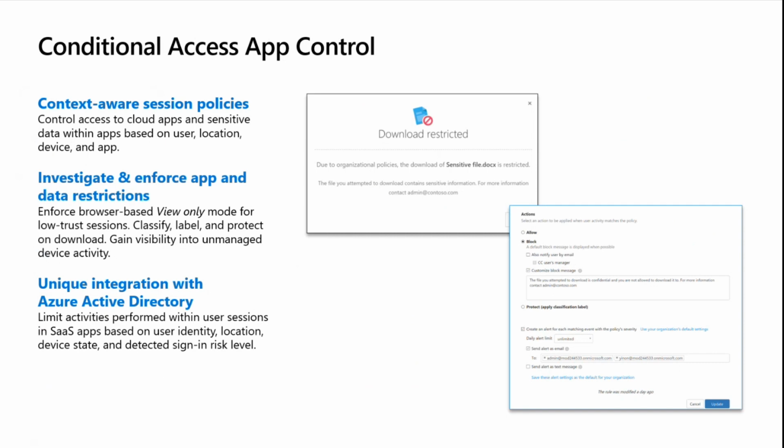So you get this extremely powerful feature called conditional access app control, because conditional access app control uses a reverse proxy architecture and integrates with your identity provider. And I will talk about it in a little more detail in just a bit, right? So what that means is that if you're using, for example, Active Directory, you can get it integrated with conditional access app control with just two clicks.